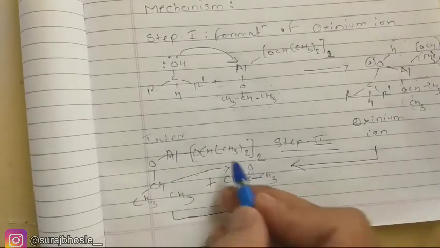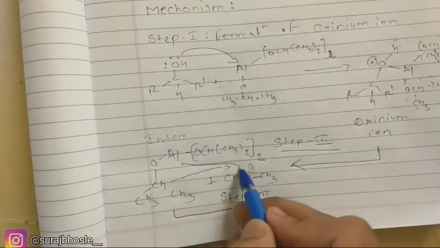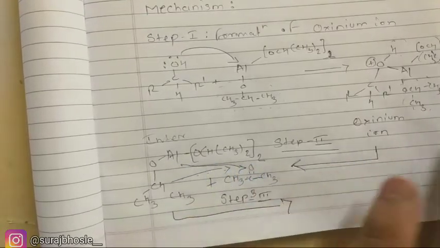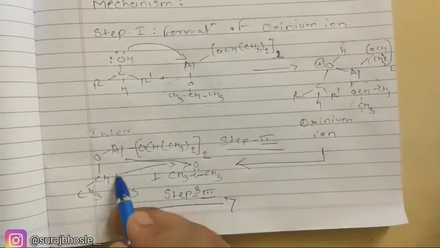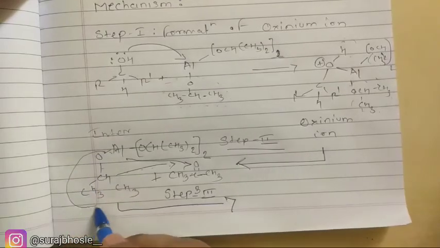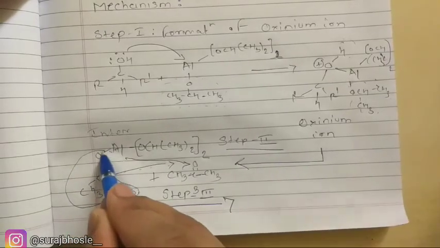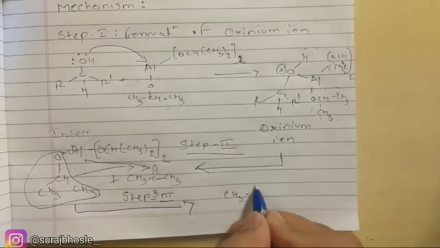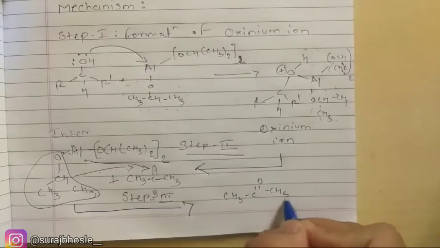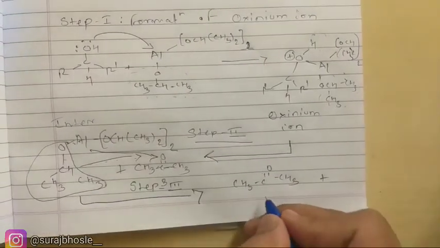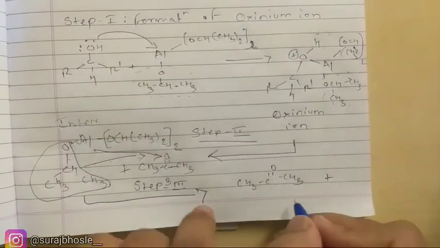Also, it forms a bond with the aluminum ion; this oxygen and aluminum form a bond. So this molecule from the intermediate is going to get eliminated. We will get CH3COCH3 plus the metal complex ion formation takes place in step 3, like this.